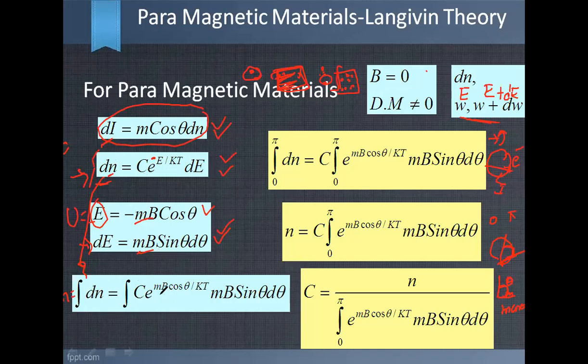And what is this? C stays as it is, e power minus E, and there is already a minus here, so you can substitute this value. Minus of minus becomes plus, and E is minus mB cos theta, so you substitute mB cos theta by kT. Here it is better to write kB, the Boltzmann constant. Sometimes we better keep kBT.